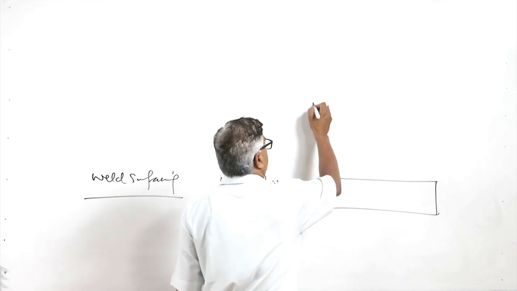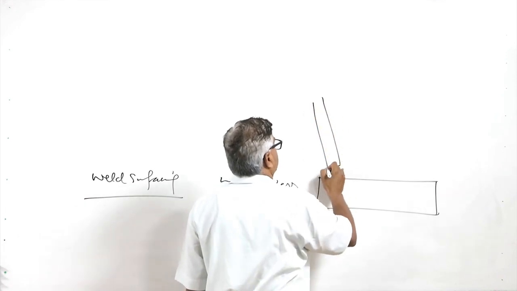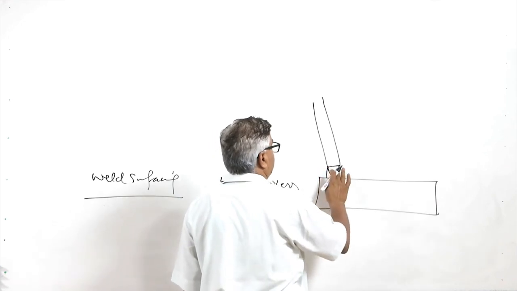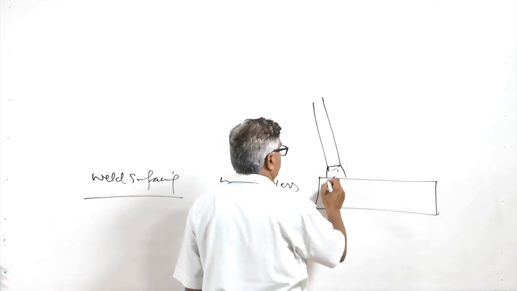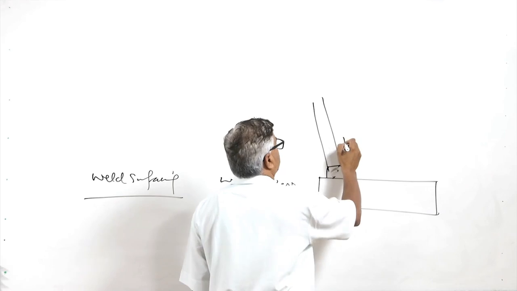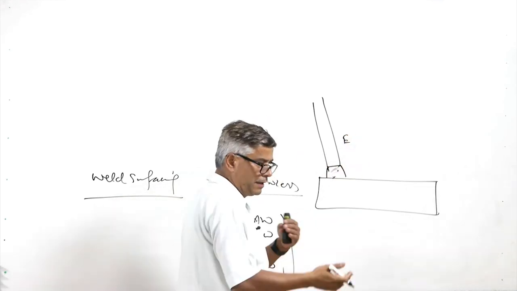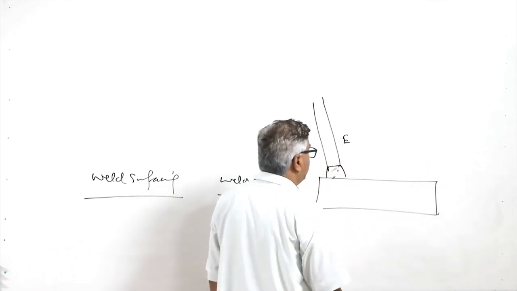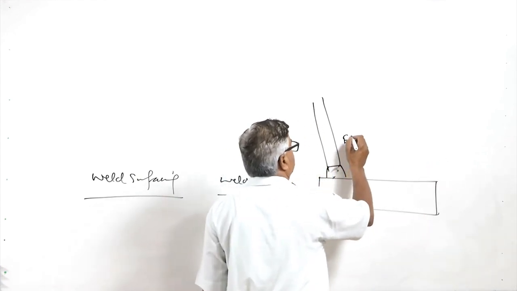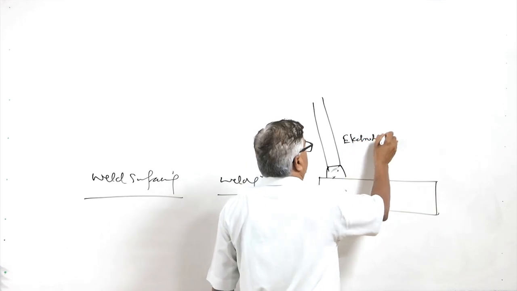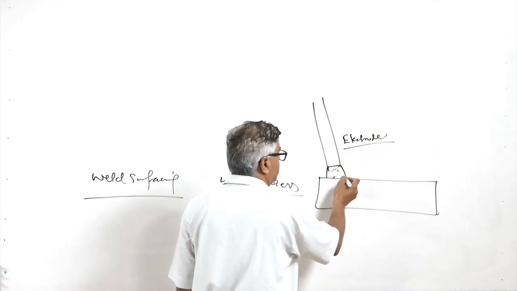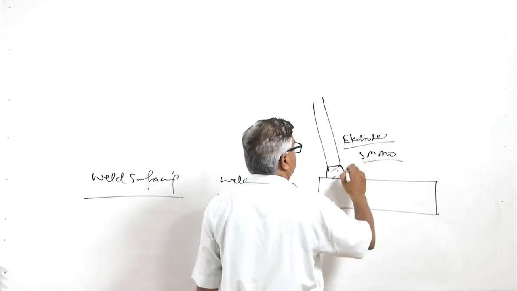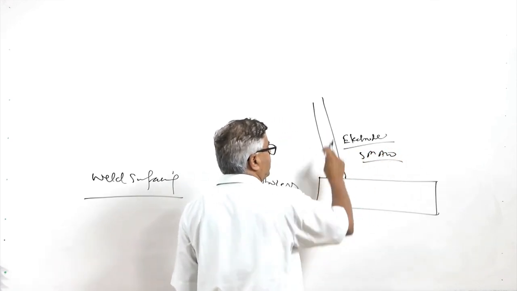In that case, we use an electrode having the desired alloying elements and constituents, and here we have the welding arc. When the arc is there between the electrode having the suitable alloying elements, for developing a weld layer or weld bead, in case of the SMAW process, the electrode is used to strike the arc with the base metal.